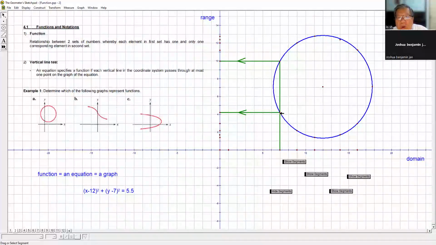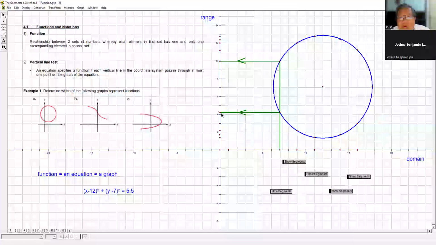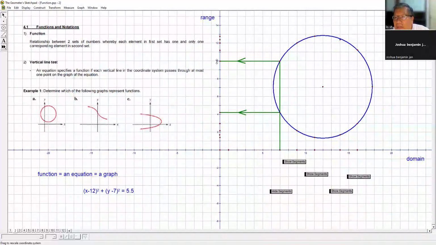This point gives rise to one value of y, which is 4 point something. This point gives rise to another value of y, which is 10. So that means when x is equal to 7, y equals 4 and y equals 10.